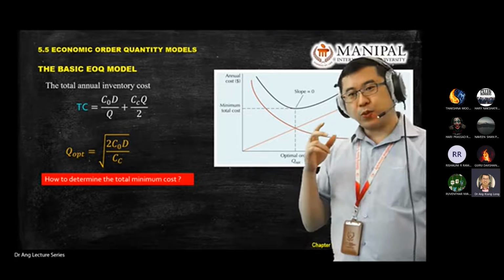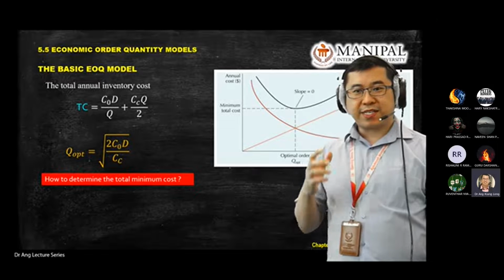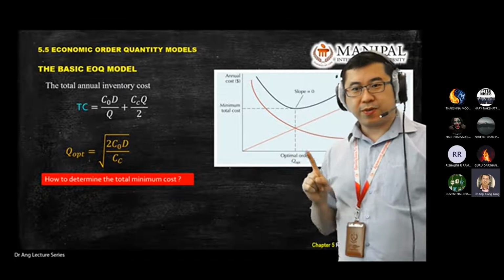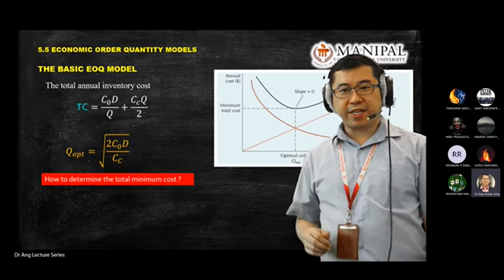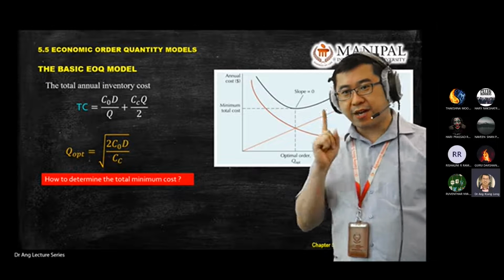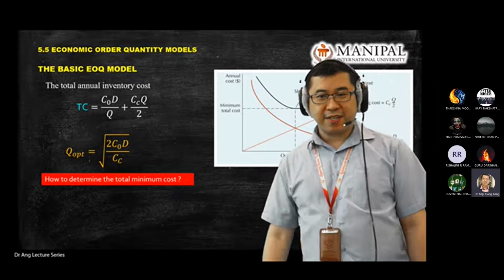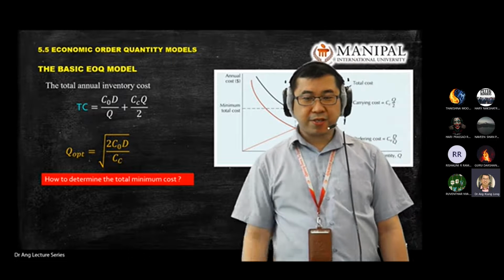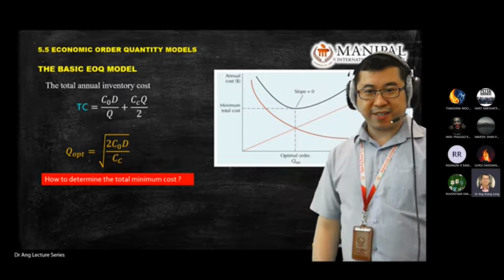Let's say burger story again. Let's say you already know your optimum quantity, every time you order is 100 burger meat. What is the minimum cost for that order?